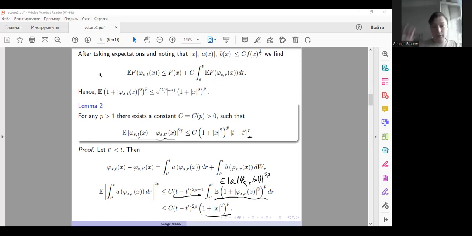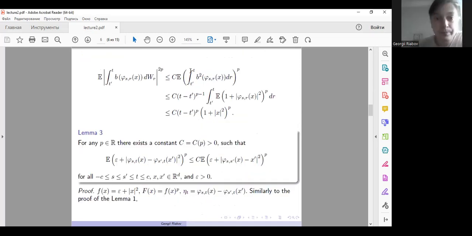Now let's look at the stochastic integral. The expectation of the stochastic integral to the power 2p is estimated, first, using the Burkholder-Davis-Gundy inequality, by a universal constant that depends on p times the expectation of the quadratic variation of the martingale to the power 2p over 2.